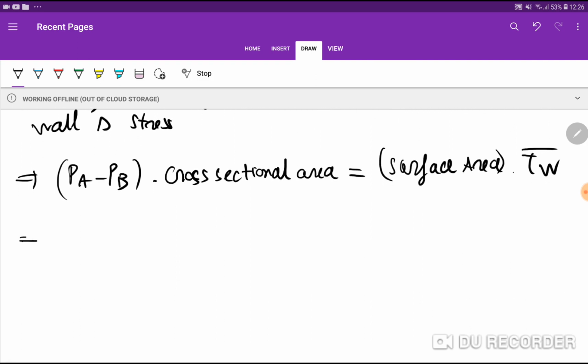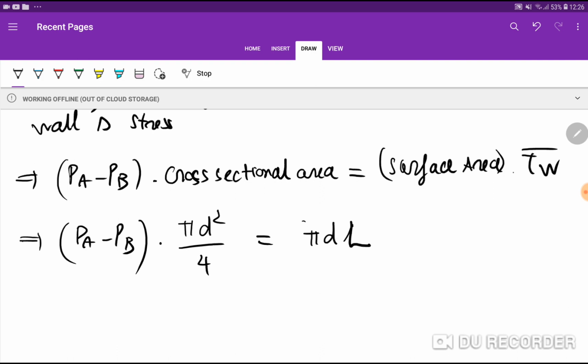So what is the cross-sectional area? Again, our tube, the cross-sectional area is the area of a circle, so it's pi d squared over 4. That d is diameter. The surface area, again, shear stress only acts on the surface area. The surface area for the cylinder is pi dL times tau w.